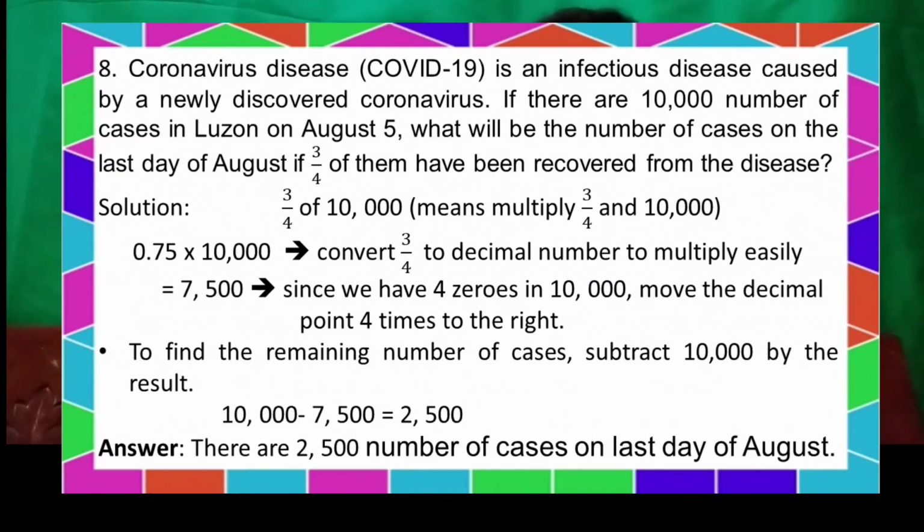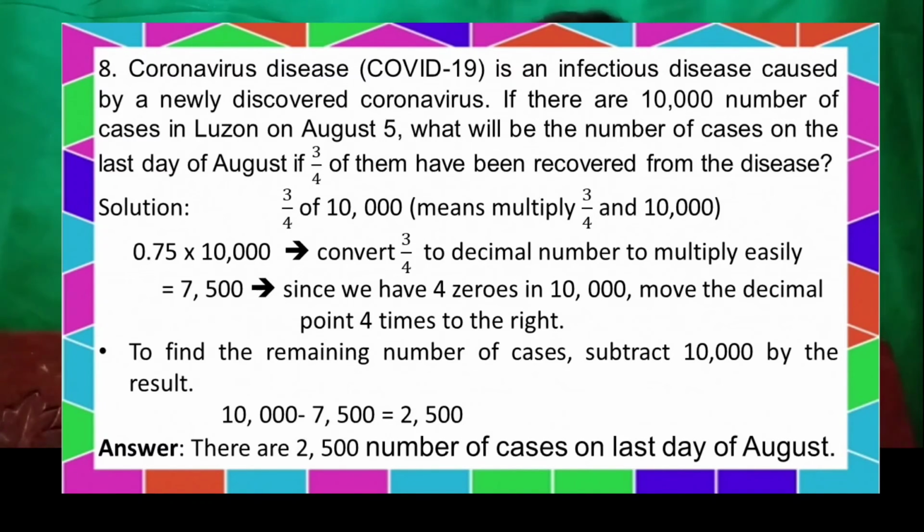Okay, next example. Example number 8. Coronavirus disease or COVID-19 is an infectious disease caused by a newly discovered coronavirus. If there are 10,000 cases in Luzon on August 5, what will be the number of cases on the last day of August if 3/4 of them have been recovered from the disease?